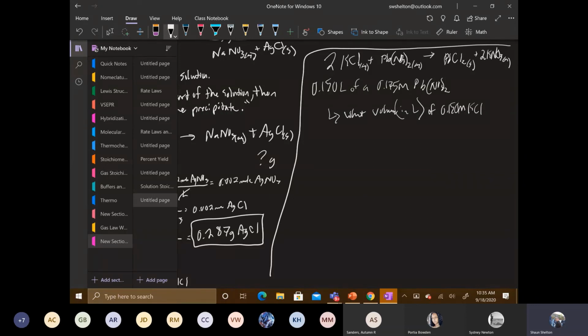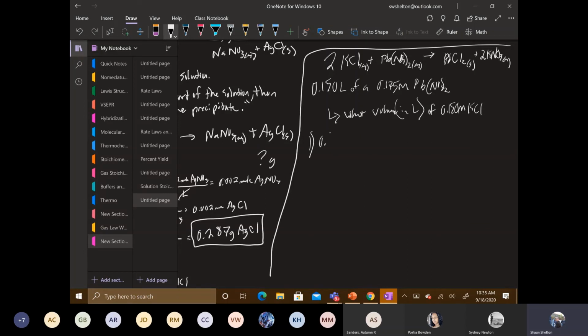So what we need to do is take the lead 2 nitrate molarity and volume and react them together. We're going to figure out how many moles of that you have, and then use that to figure out how much KCl is needed, in this case what volume of KCl. So step one is like we did before.